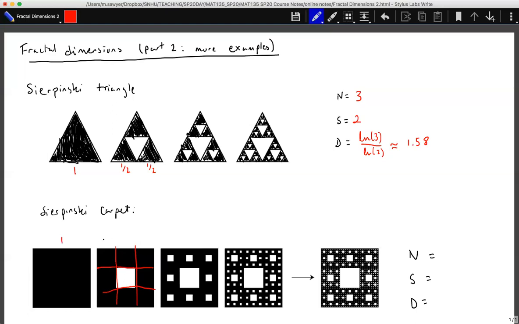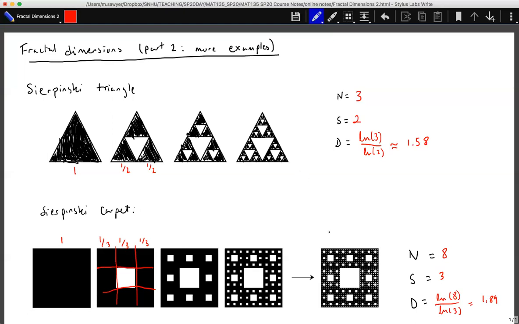So this means if we have unit length 1, our scale factor is 3, and it takes 8 copies of the original size to build our squares. So our dimension, ln of 8 divided by ln of 3, gives us 1.89.